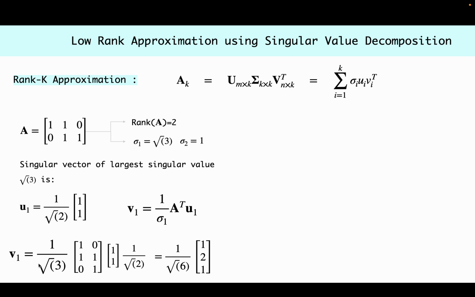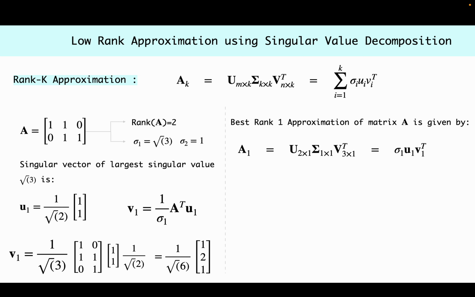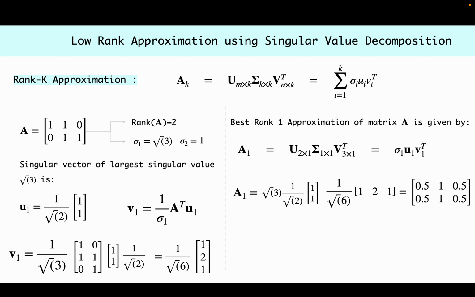This V1, as we stated earlier, is obtained by using the orthogonality property of eigenvectors. Once we obtain the largest singular value, we can get the best rank 1 approximation of this matrix by constructing U sigma V transpose, but using only one singular value and one singular vector. When you compute this, this is what we get.